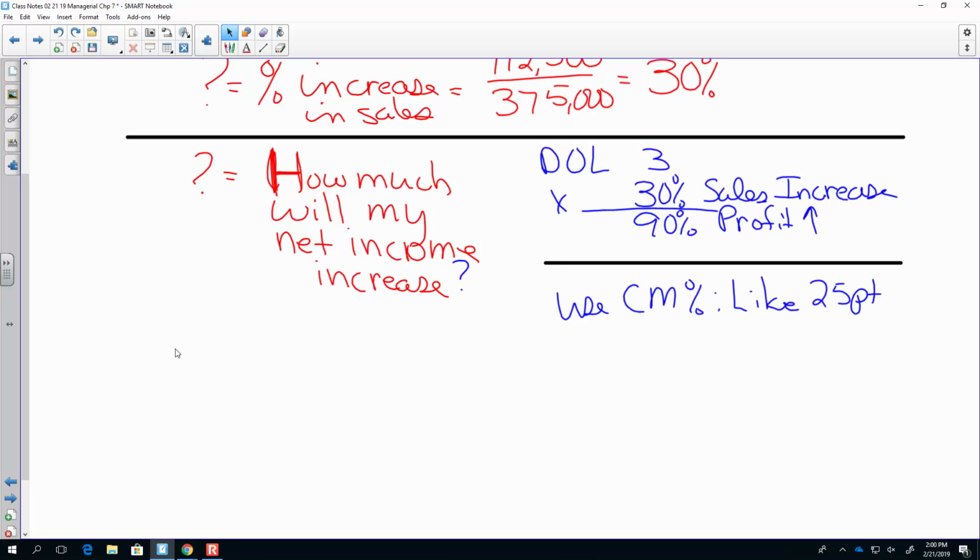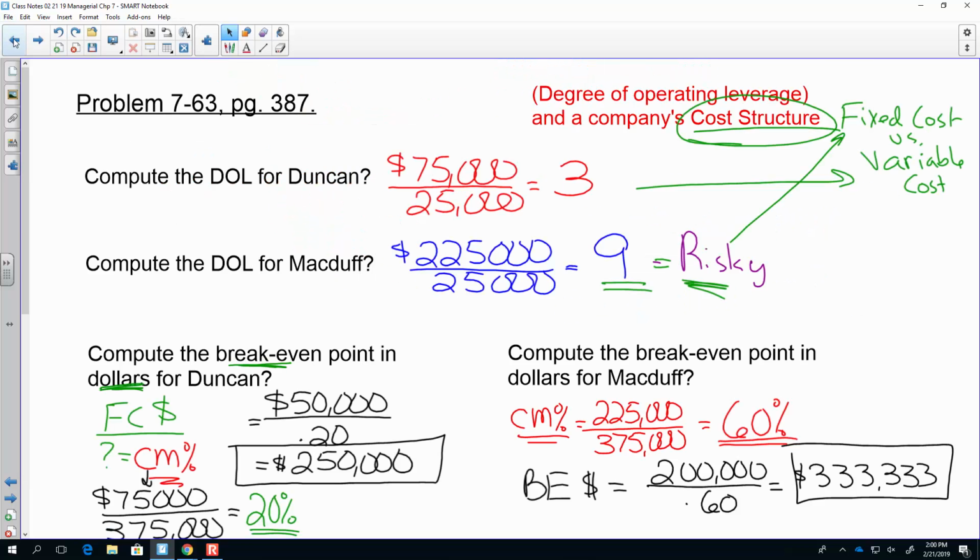That is how you solve the same question differently. Isn't it great to have two ways to figure something out? Why is that so cool? It's like your own self-check. So what's my margin percent for Dunkin'? What do we say?